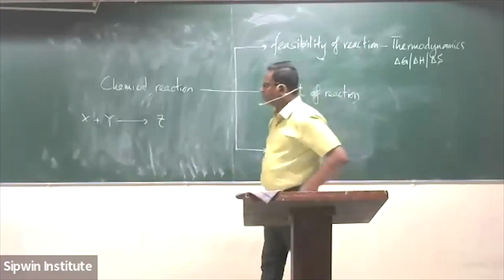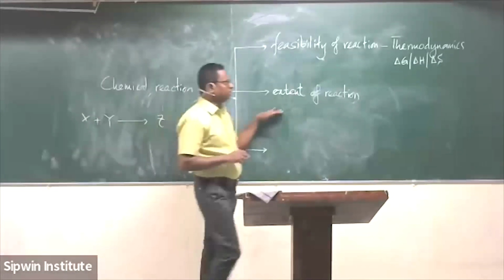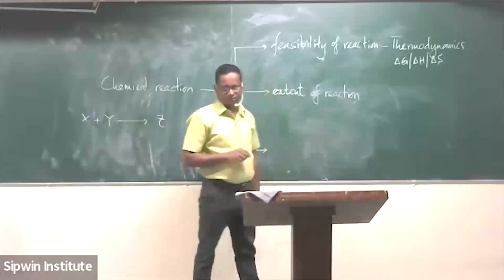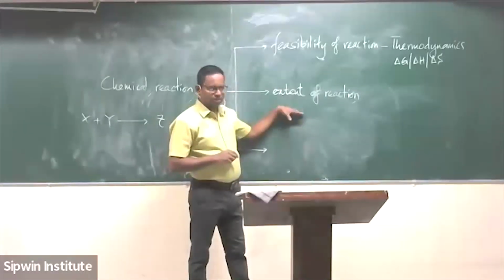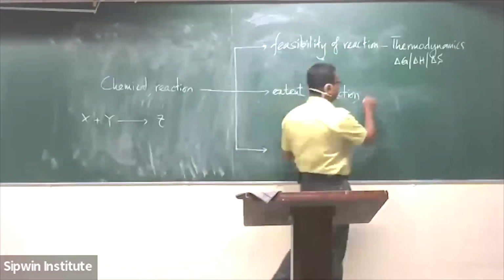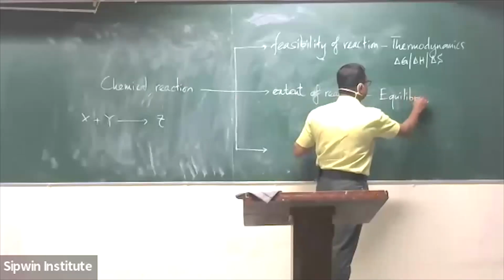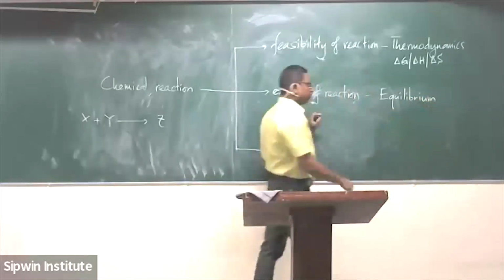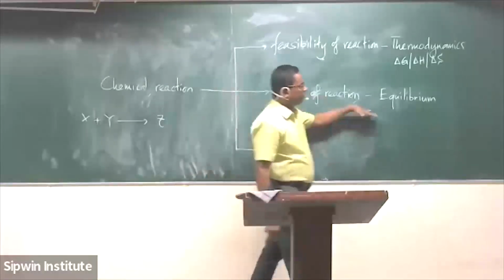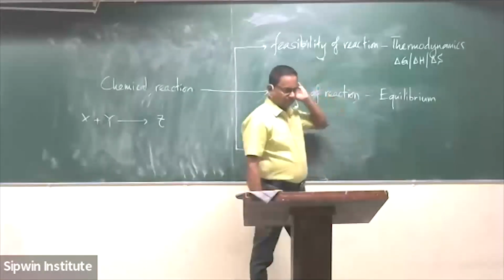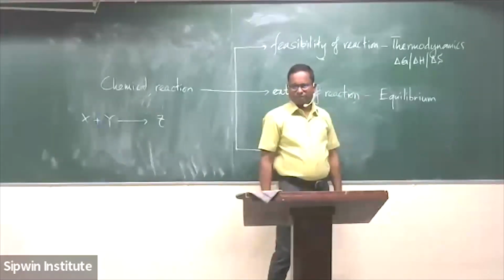Okay. Now, when happening the chemical reaction, how much of reaction happen? Extent of reaction happen. If you want to take idea about that one, there we use the right lesson that is equilibrium. So, in the lesson equilibrium, in that one, we want to have idea about how much of reaction happen, extent of reaction happen.